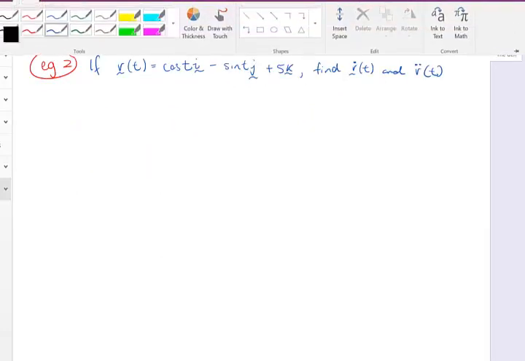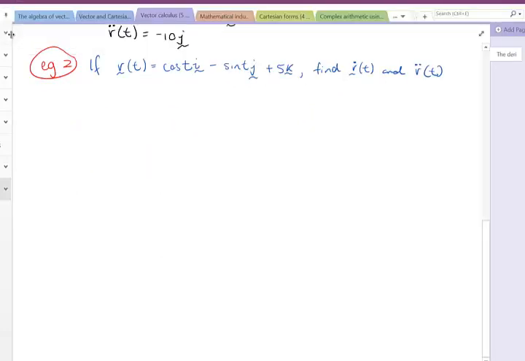Okay, so in this second example, it's asking us to find the derivative of the vector function in 3 dimensions. So the first derivative of cos is going to be negative sine t. The derivative of negative sine t will be negative cos t. And the derivative of 5k is 0.